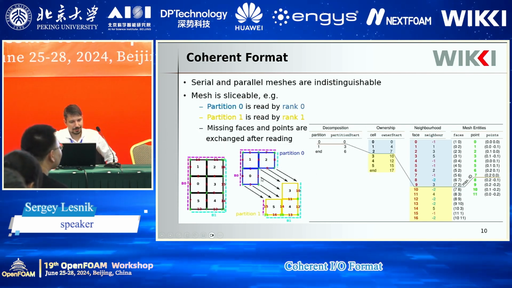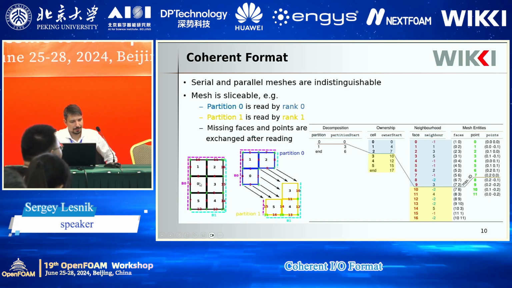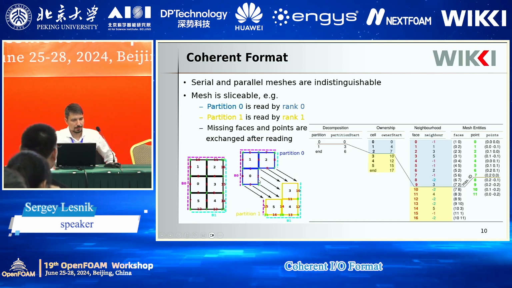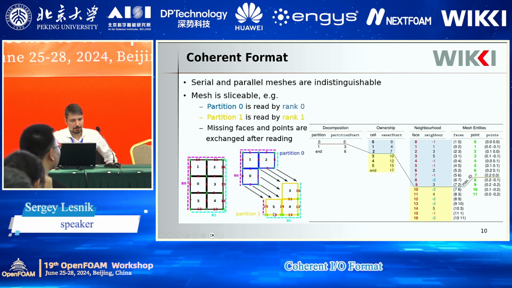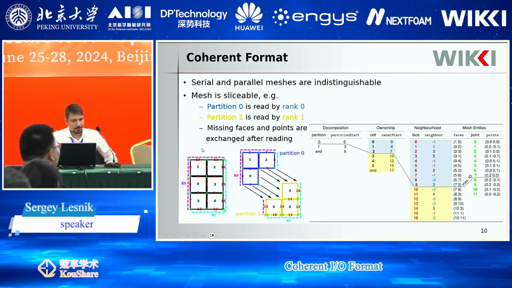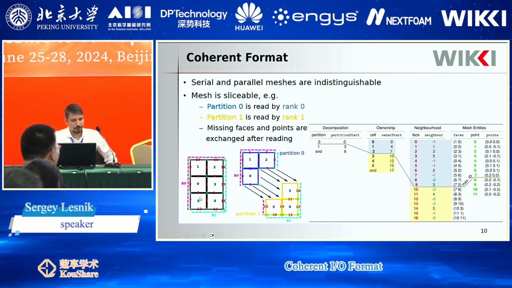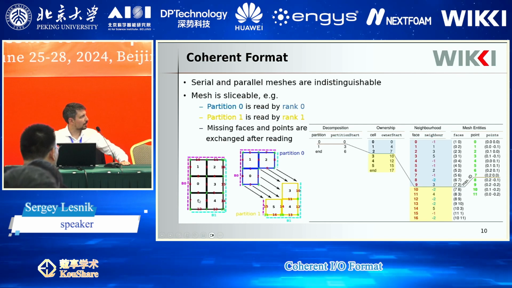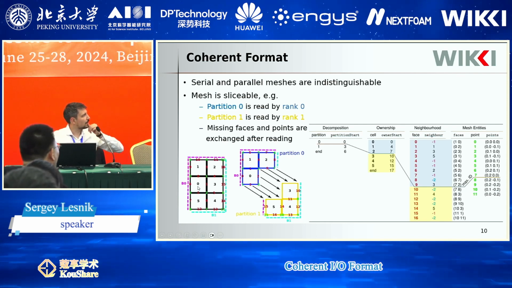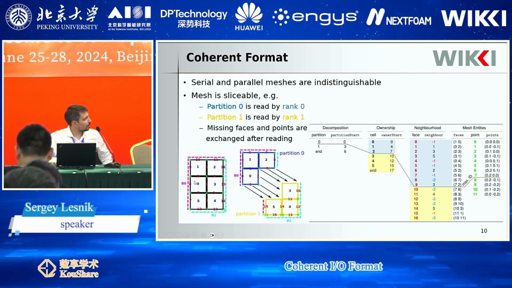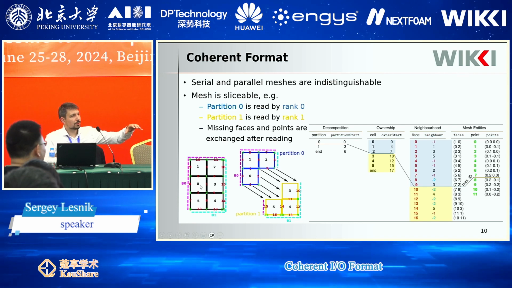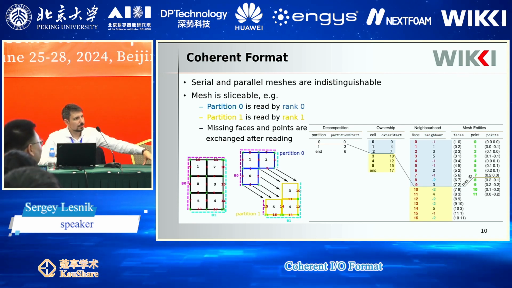It should actually all be the same, right? So please don't look at the partitioned one. Look at the serial one, because the serial is the same as the partition. Here we start first with the boundaries.